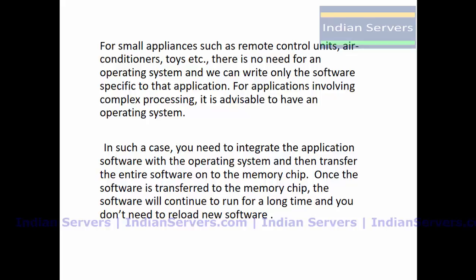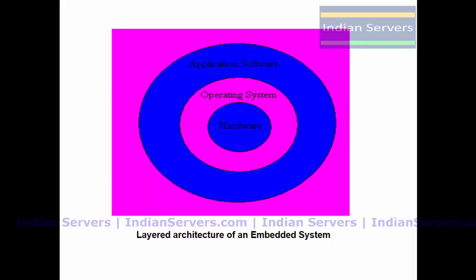So for a single task, we require only one single program which should execute continuously in the processor or controller. If you are making a project with multiple applications, at that time you have to choose an operating system and a microprocessor system.